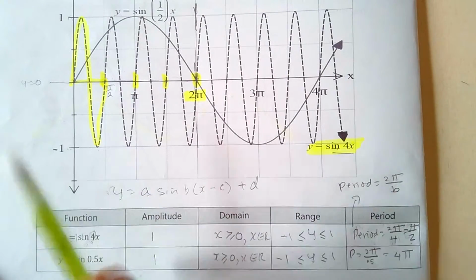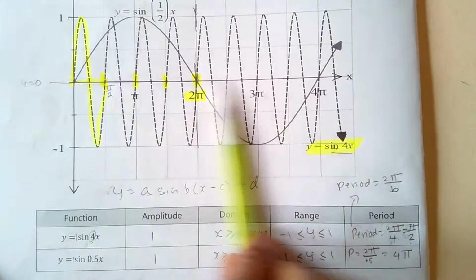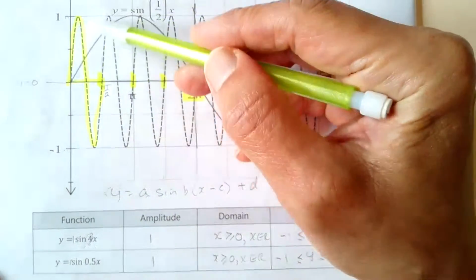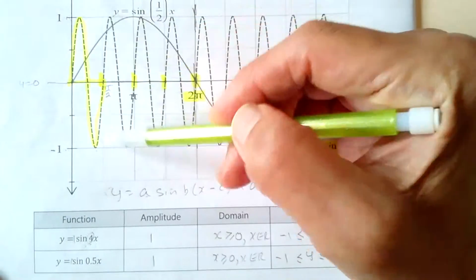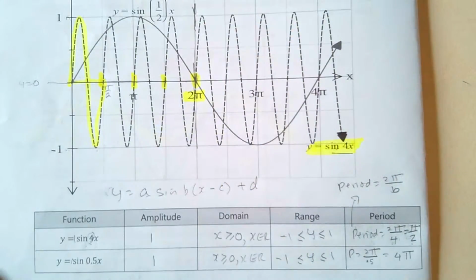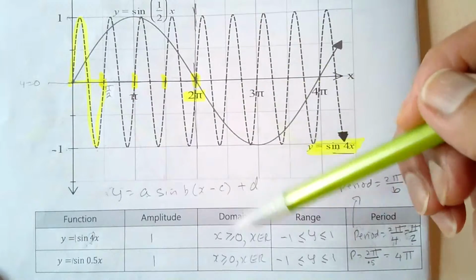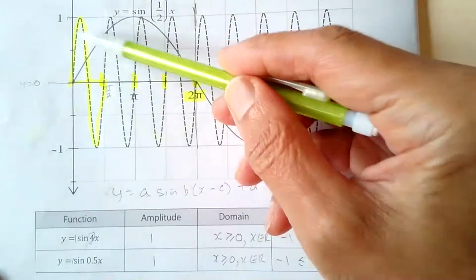So if we were given the sketch and asked for the equation, the first thing you want to do is look at your maximum and minimum. That will give you your range, but it'll also help give you your amplitude.